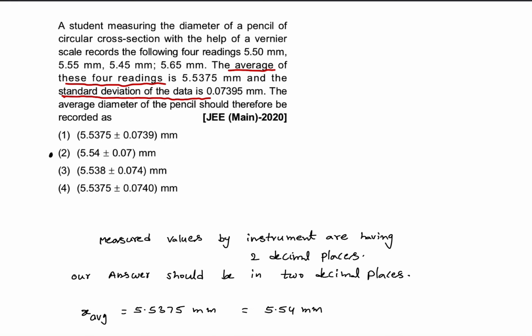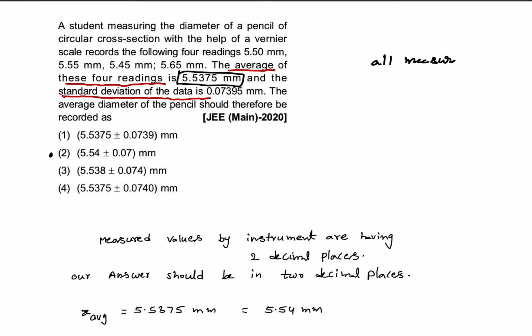Now I am moving to this question. In this question, a student measures the diameter of a pencil of circular cross section with the help of a vernier scale and records the following four readings: 5.50 millimeter, 5.55, 5.45, 5.65 millimeter. The average of these four readings is already given, so no need to calculate it: 5.5375.